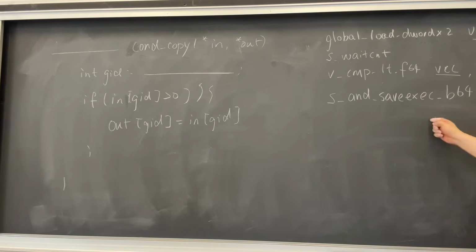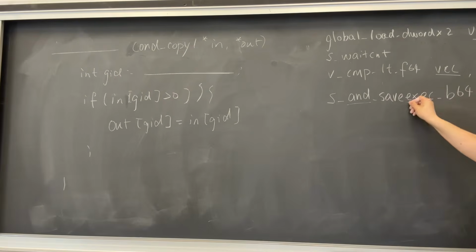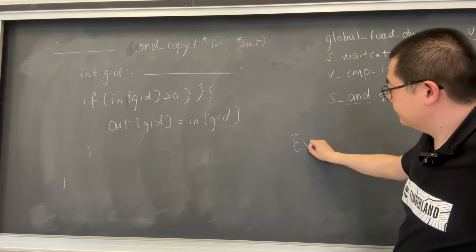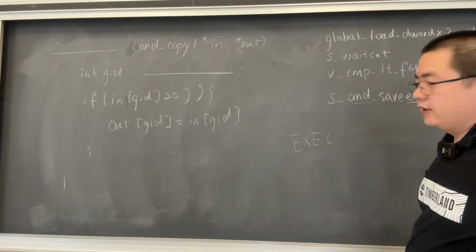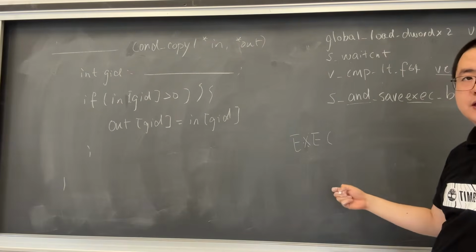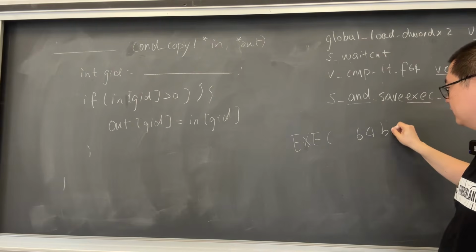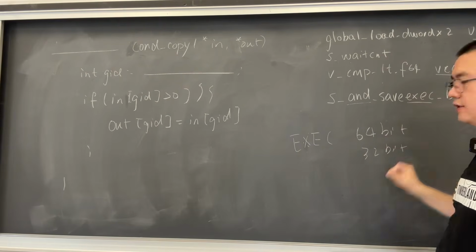I'll explain this. Ignore the AND for now. Probably for the class, just look at exec. Exec is a special register that is equal to the warp size. So in AMD, in CDN architecture, it is 64-bit. In NVIDIA, it is a 32-bit register.